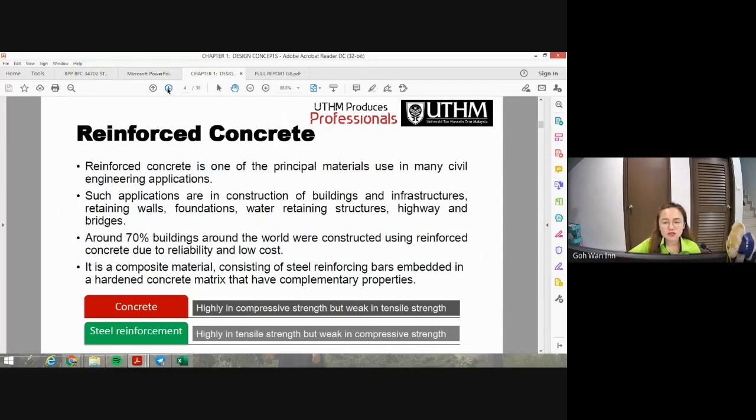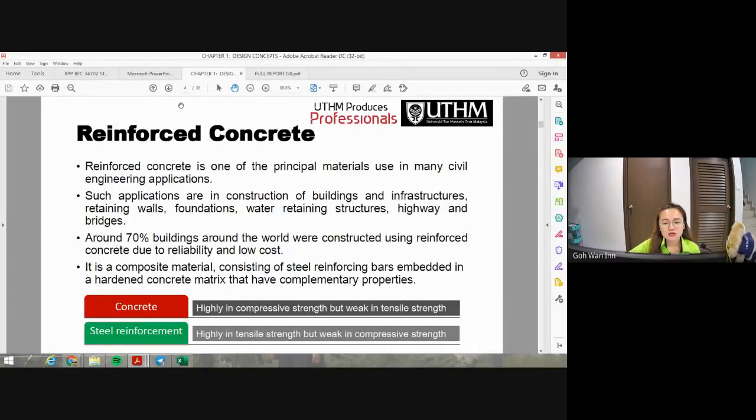Reinforced concrete is one of the principal materials used in many civil engineering applications. Such applications are in the construction of buildings and infrastructure, retaining walls, foundations, water retaining structures, highways and bridges. Around 70% of buildings around the world are constructed using reinforced concrete due to its reliability and low cost.